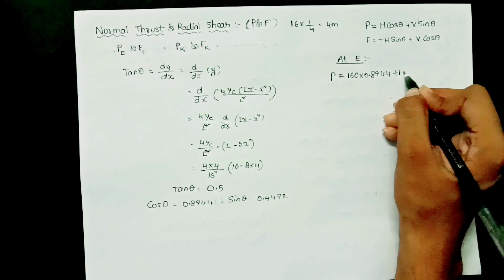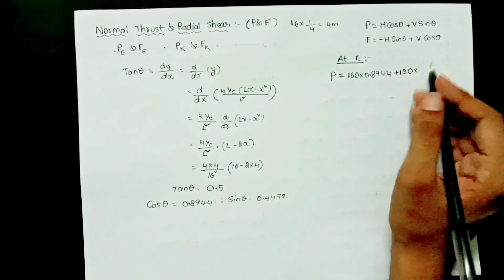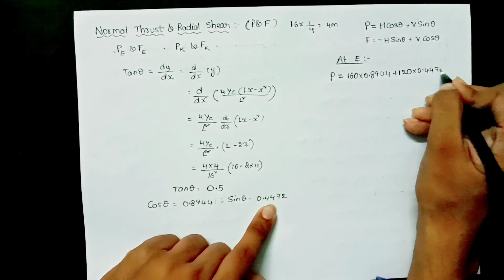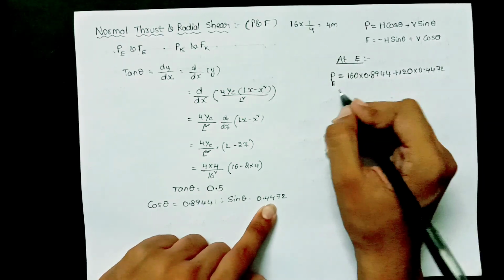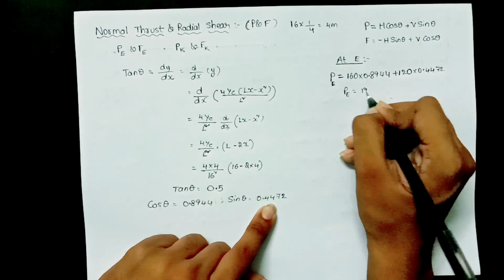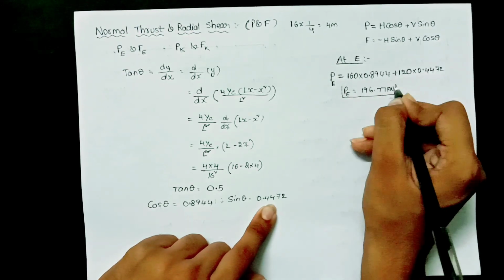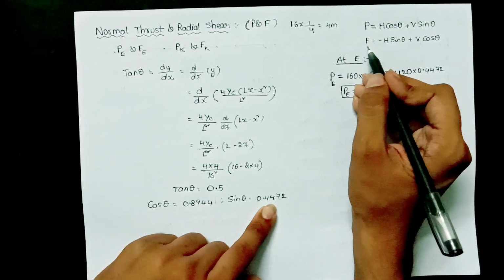Therefore it is the shear force at point E, into sin theta, which is 0.4472. This is the normal thrust at E, so PE is obtained as 196.77 kilonewton. Now I should calculate the radial shear.